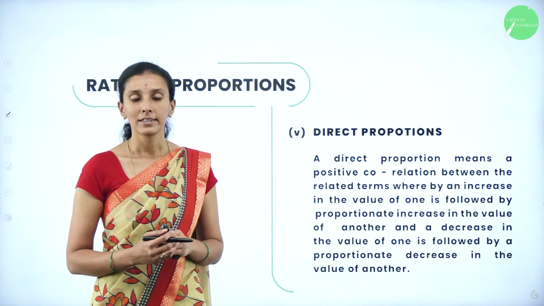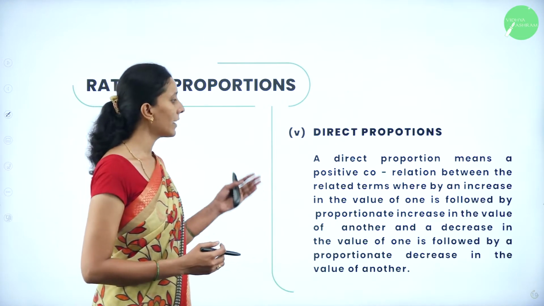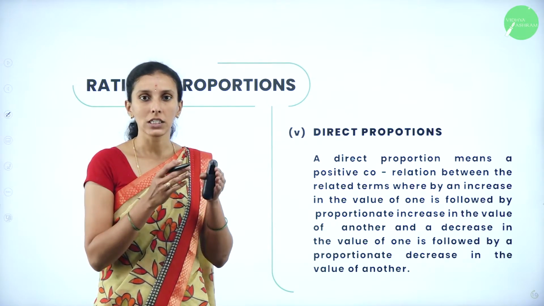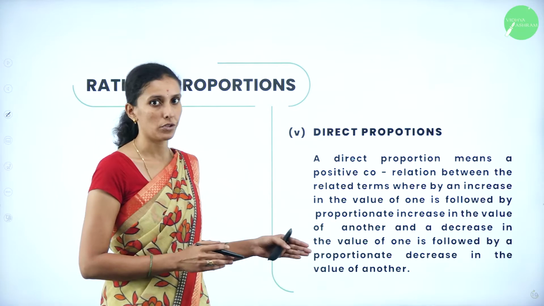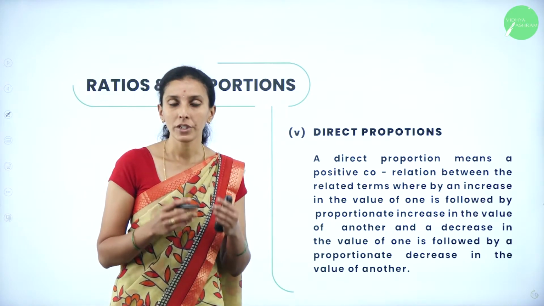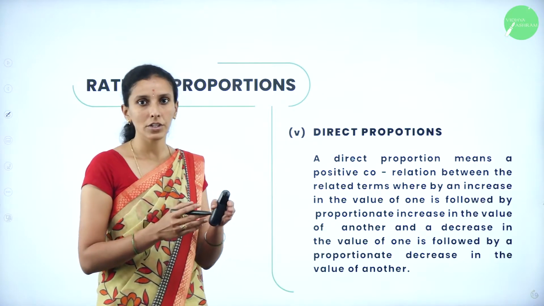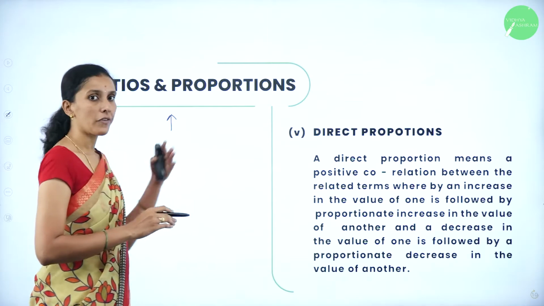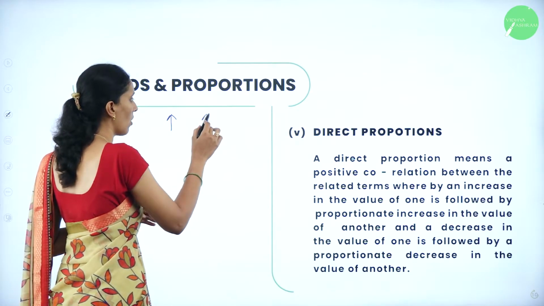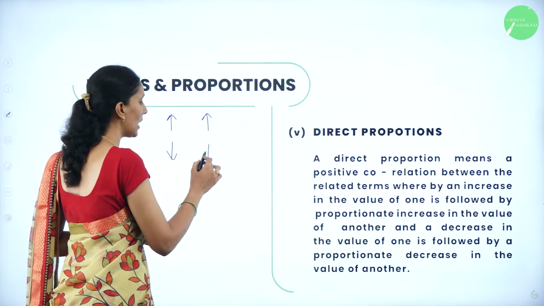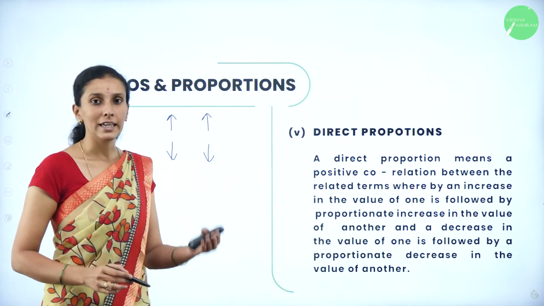Next, we have direct proportion. What do you mean by direct proportion? It is the correlation between the terms inside the proportion. Whenever you are equating 2 ratios, if the quantity of one is increasing, the quantity of the other is also increasing. Or if the quantity of one is decreasing, the quantity of the other ratio is also decreasing.